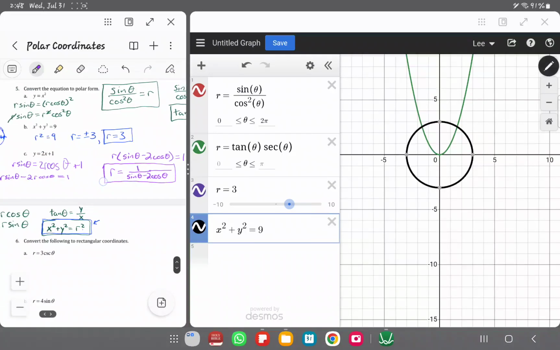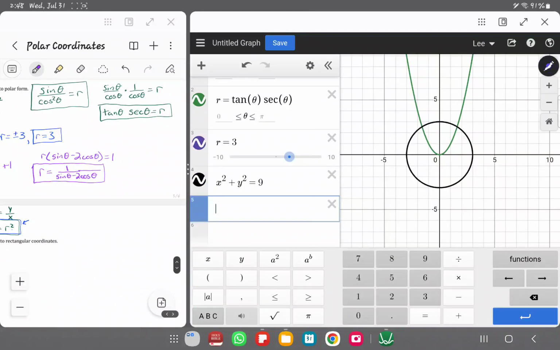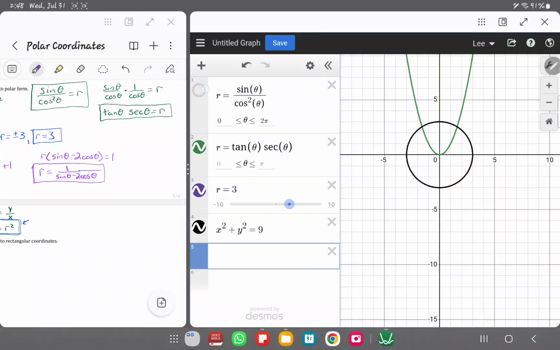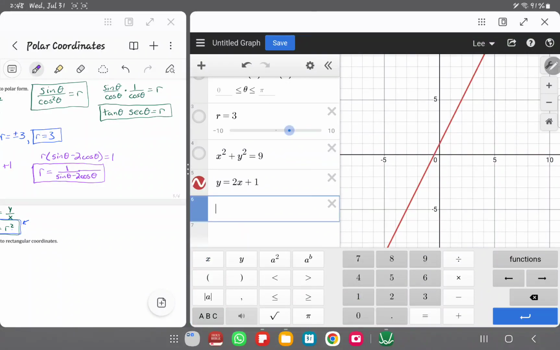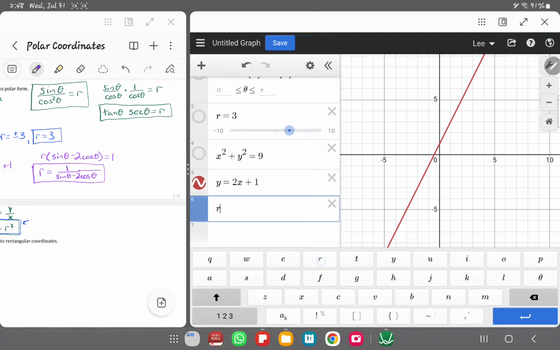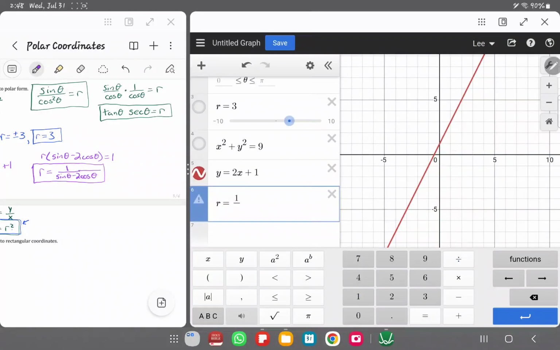The last one that we had was y is 2x plus 1. So I'll go ahead and maybe hide a couple of these, and we'll graph that y equals 2x plus 1. So there's that line. And then I'm also going to graph r equals 1 over sine theta minus 2 cosine theta.